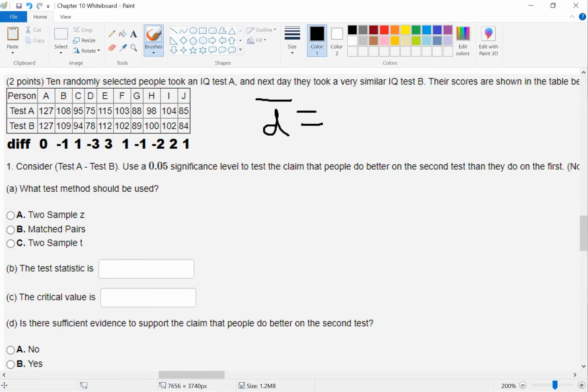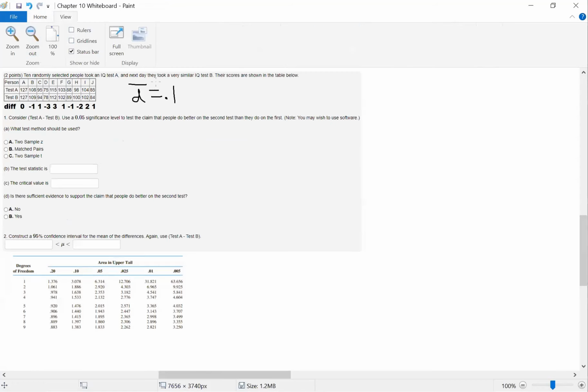Pretty sure you can do this in your head, but we'll use a calculator anyways. Newsflash, you're not going to be rejecting. If you have a difference that tiny, then you're not rejecting. So that's our D bar.